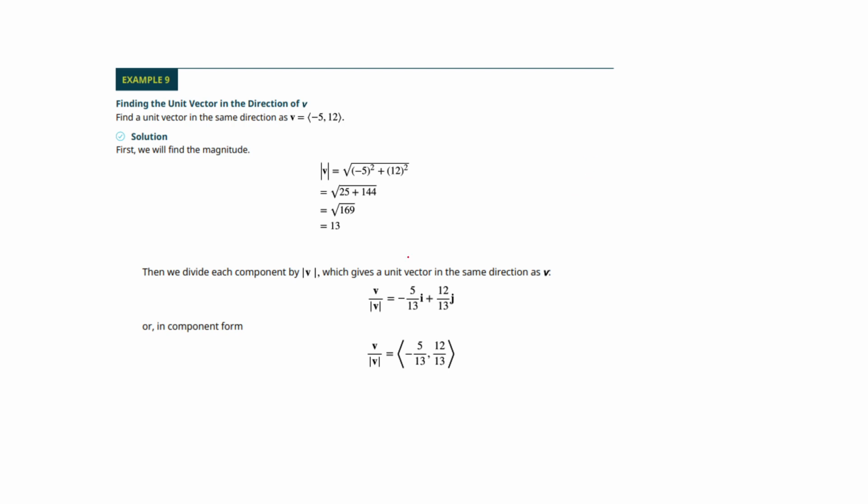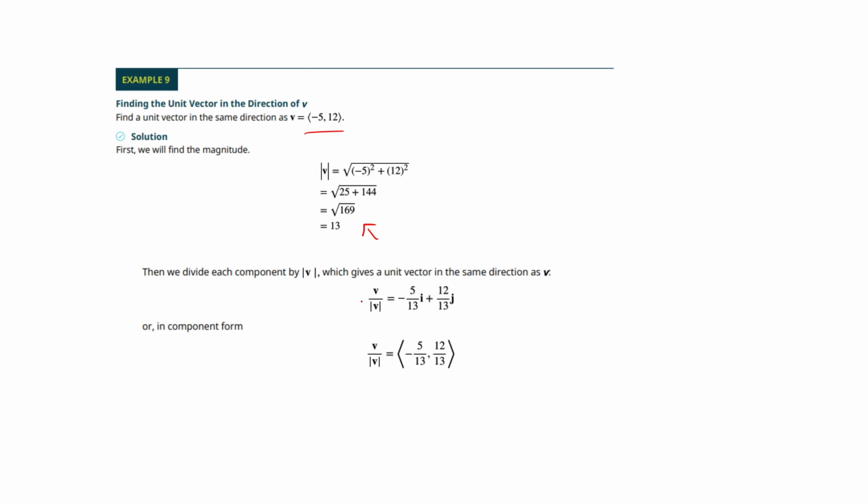What we're going to do is find the magnitude of the vector, which we knew how to do. So we're doing that here. The magnitude of this vector is 13, just the Pythagorean theorem. Now, wouldn't it make sense to divide the original vector by its length? Then you'd have it in terms of 1 unit instead of whatever it was in.